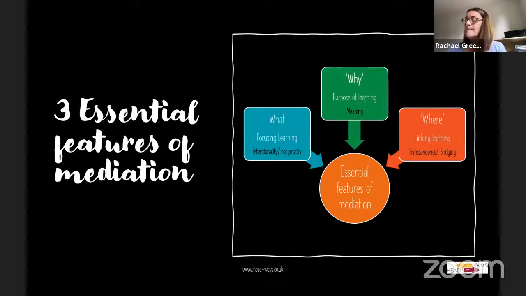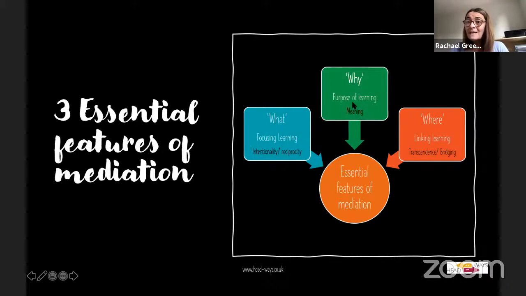So this is what I call the what, why, where model of mediation. The astute among you will notice that I used it when we started the session, and I tried to model it for you. So, what first: I said from the theory, his words are here in the black. He said that for an interaction to be mediated, it had to be intentional and reciprocal.